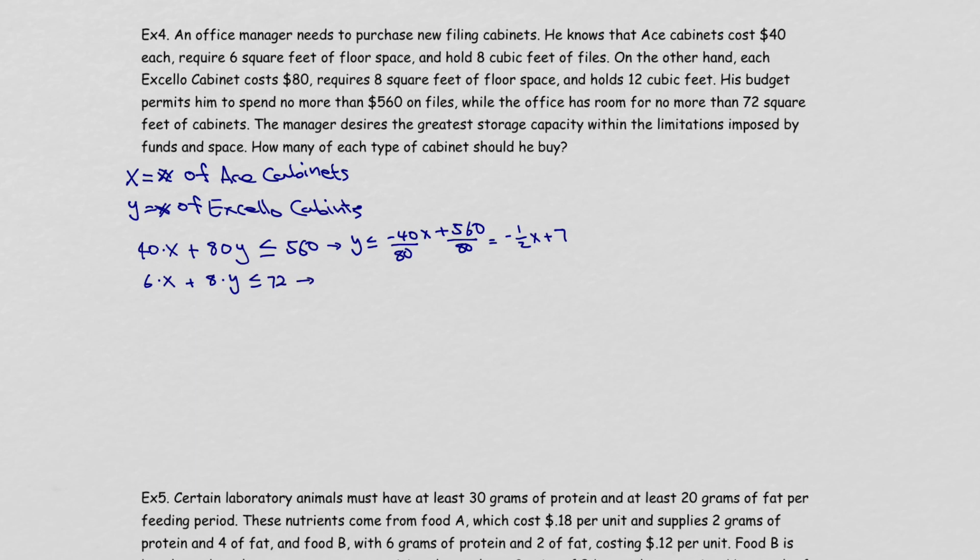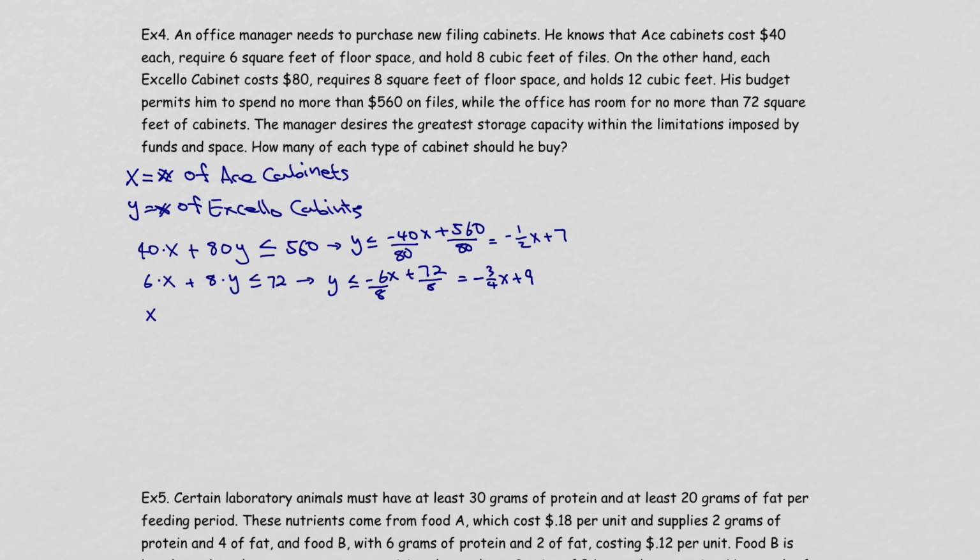And let's simplify this or solve for y. You will have y less than or equal to negative 6x plus 72, and when you divide by 8, you get negative 3 over 4 x plus 9.